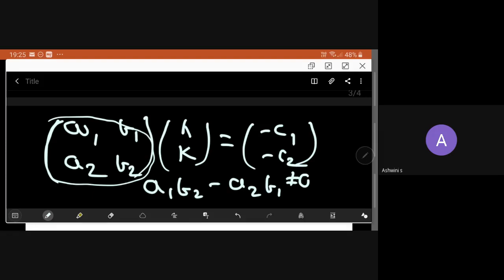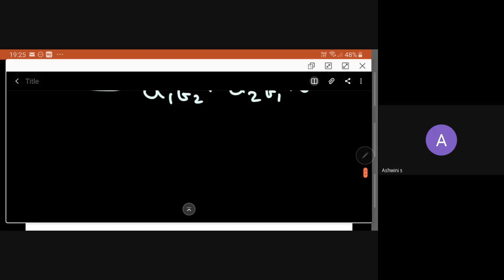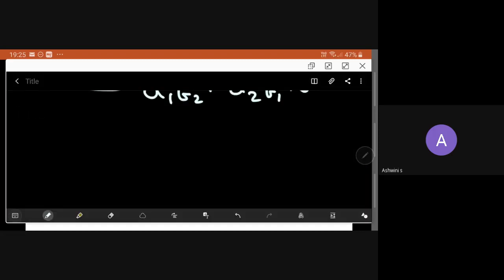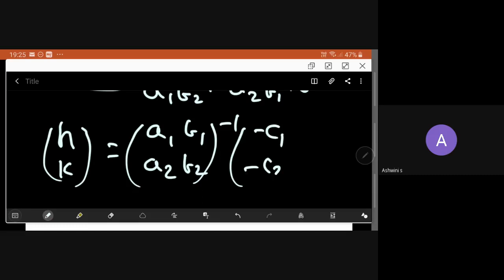So h and k can easily be obtained as the inverse of the matrix a1, b1, a2, b2 multiplied by minus c1, minus c2.